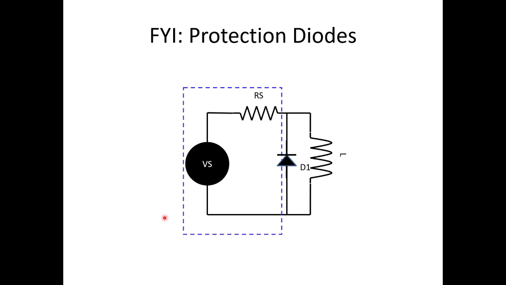Now, for your information, typically whenever inductors are used, this can include motor windings, any kind of coil of wire, they typically put protection diodes in there such that if you turn off the voltage source, instead of that energy and that inductive kick trying to trash through your voltage source, it'll just short through the diode, and that'll protect your transistor circuit or whatever you have over here.